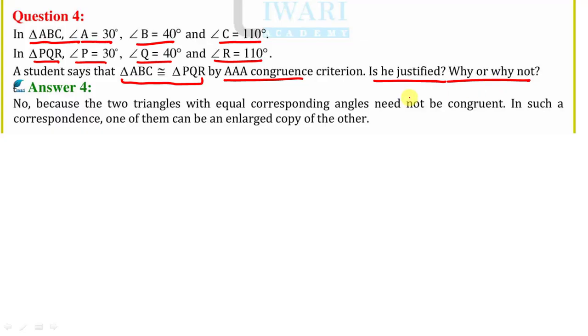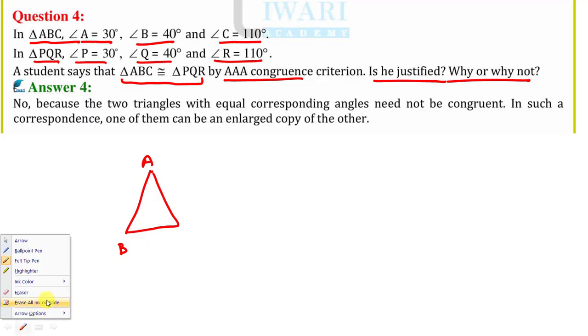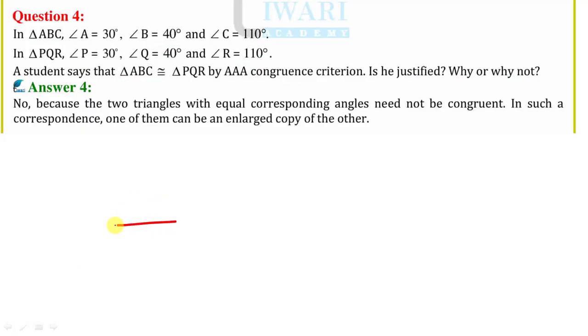Suppose there are two triangles. First is this smaller triangle.